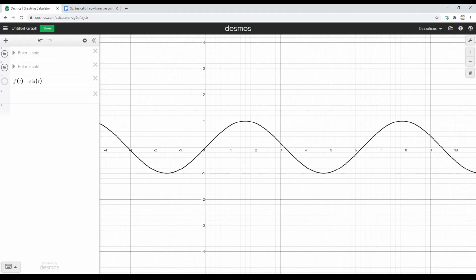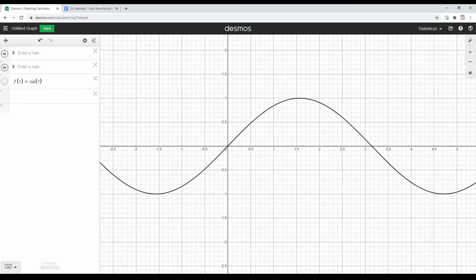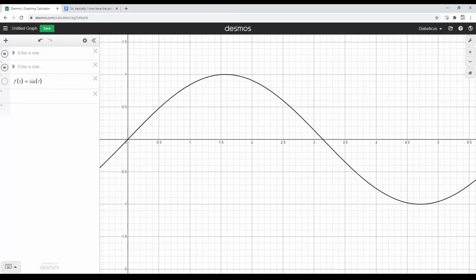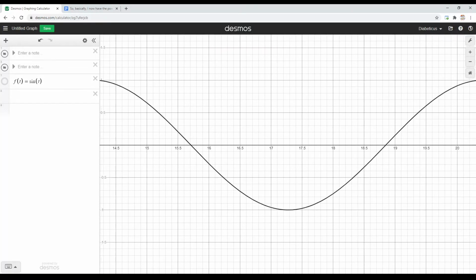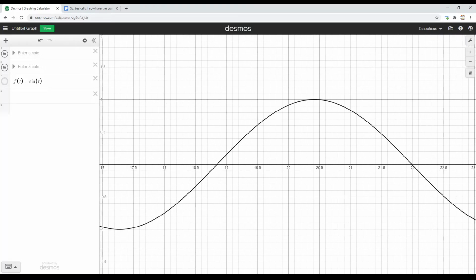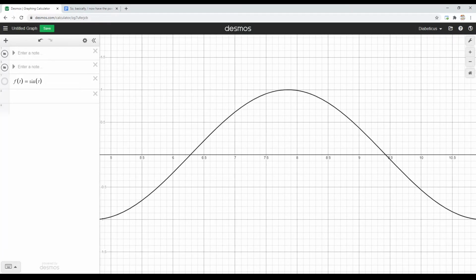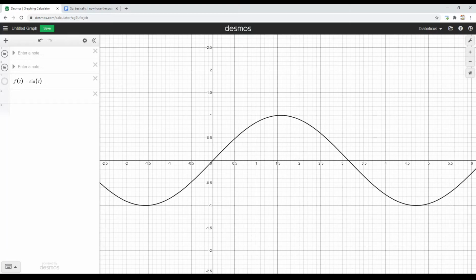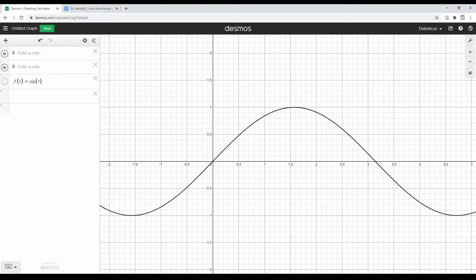That's all well and good. But do you ever get bored of the same horizontal axis, drawing the same wavy graph or whatever function it may be? What if we can manipulate the x-axis to be something much cooler looking?